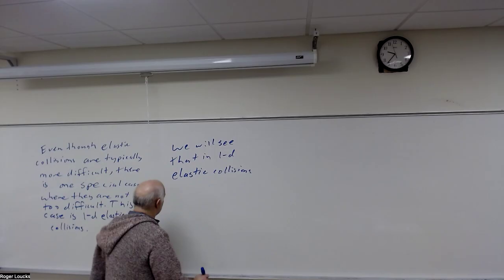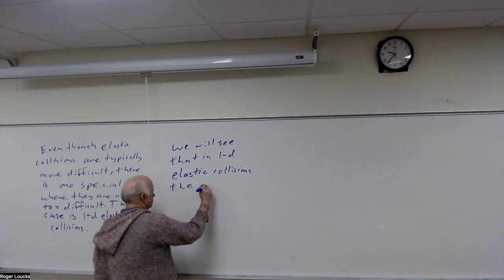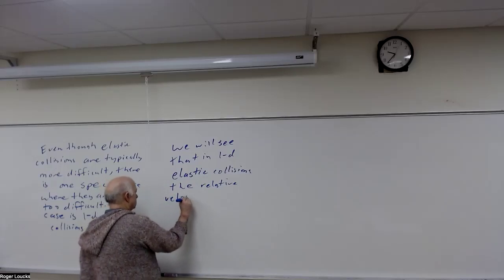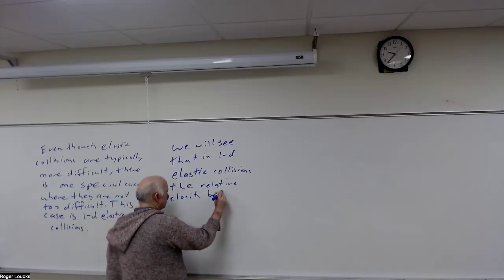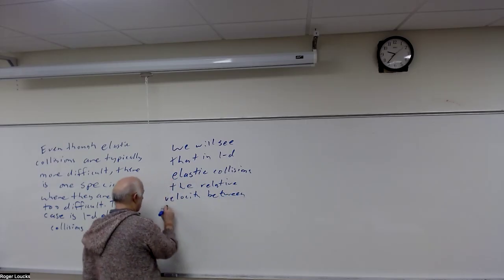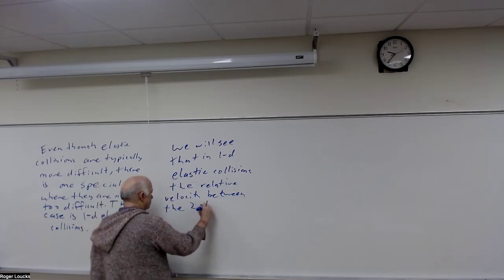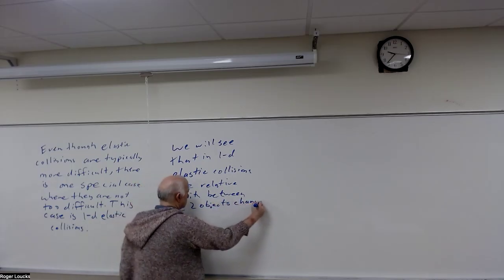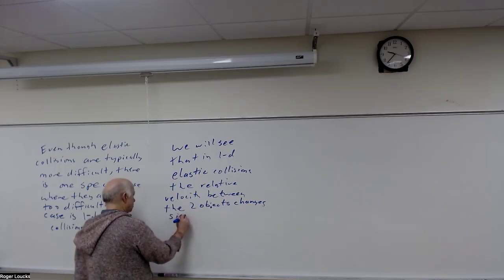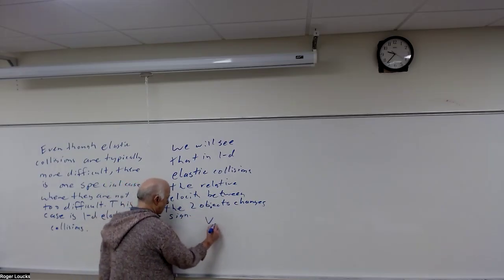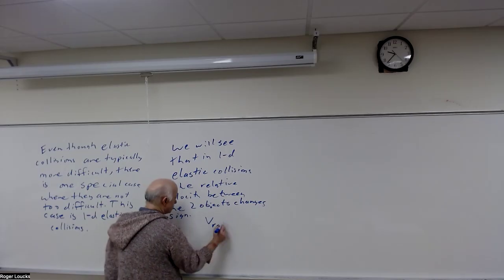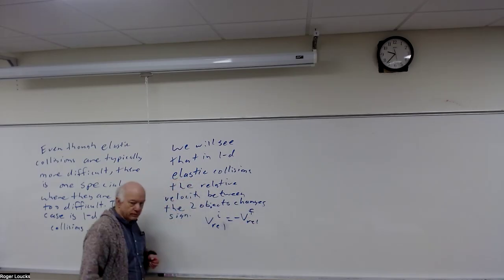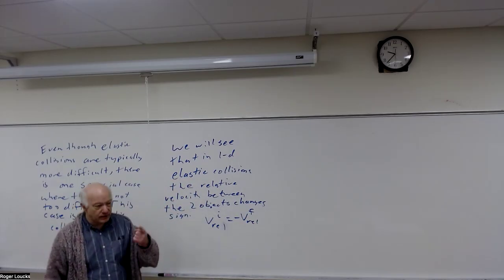We will see that in 1D elastic collisions, the relative velocity between the two objects changes sign. So what we're going to find out is that V relative initial equals minus V relative final. And let me explain this.